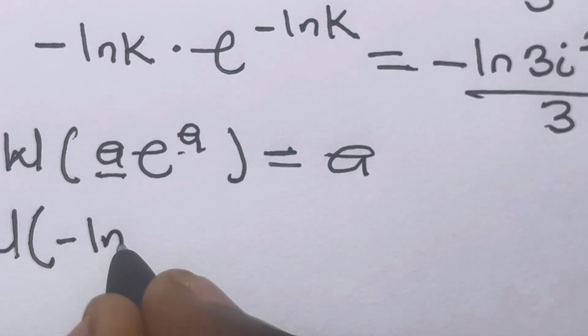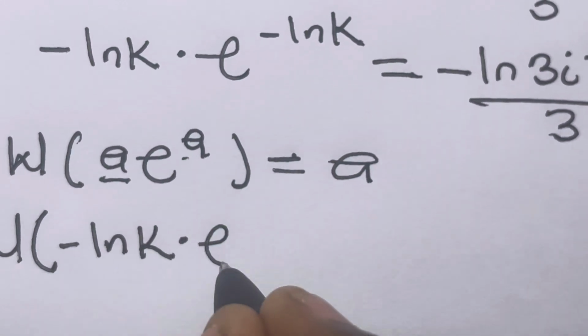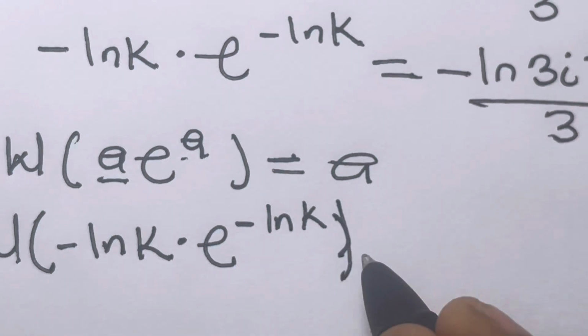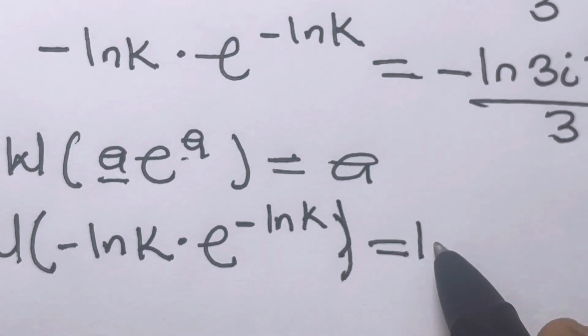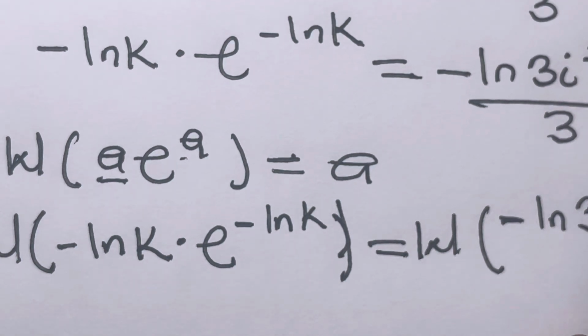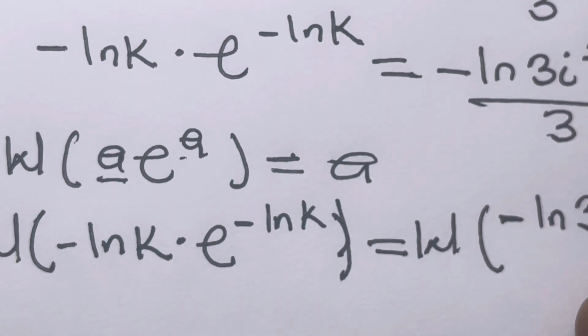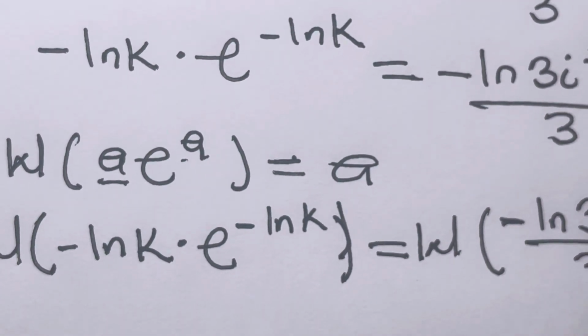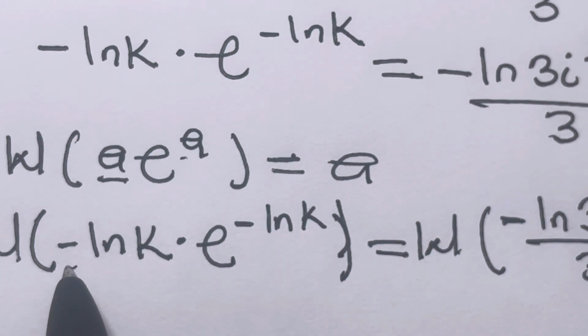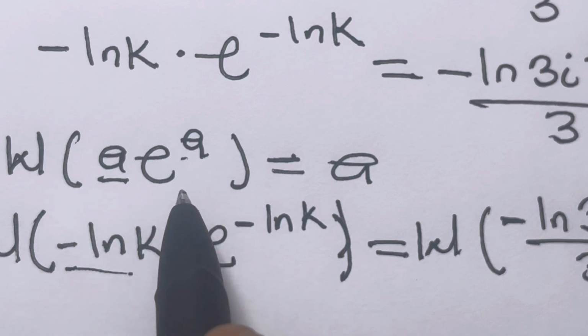So now, if you introduce the Lambert function to both sides, we are going to have the Lambert function of minus ln k times exponential minus ln k equals the Lambert function of minus ln 3i squared divided by 3. But don't forget that I said when the base and the power are the same, we have to choose one.